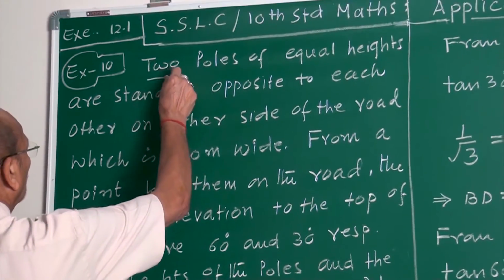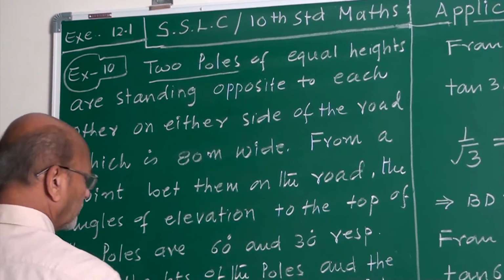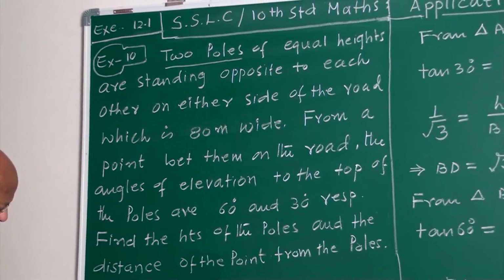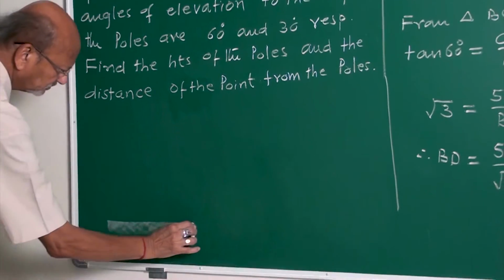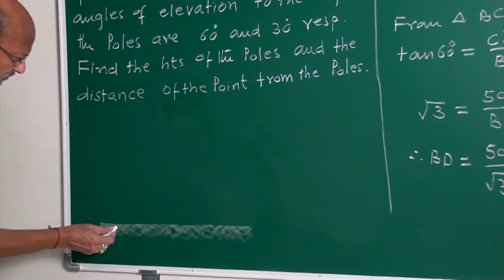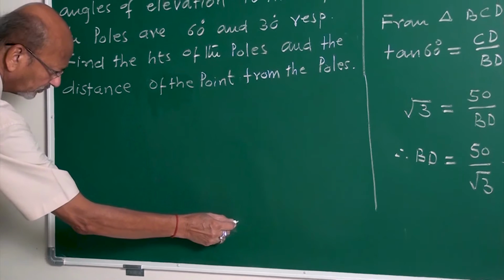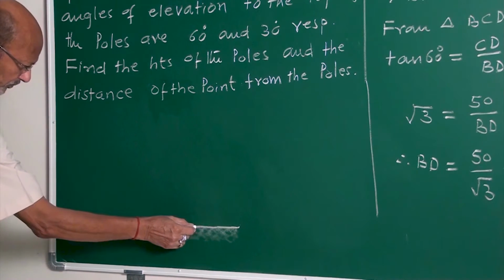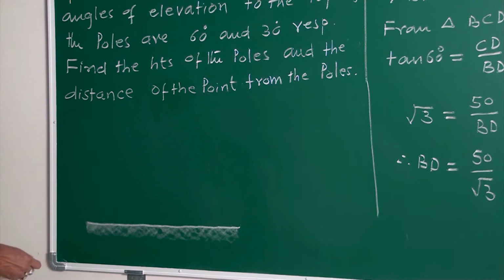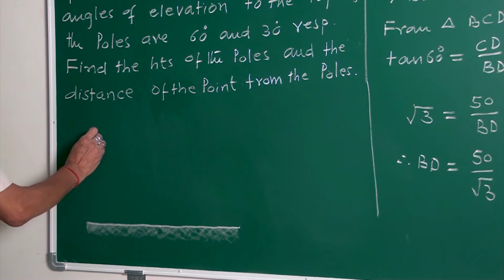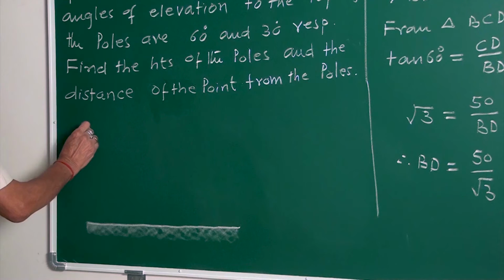There are two poles, first represented. This is the ground. These are the two poles of equal heights.